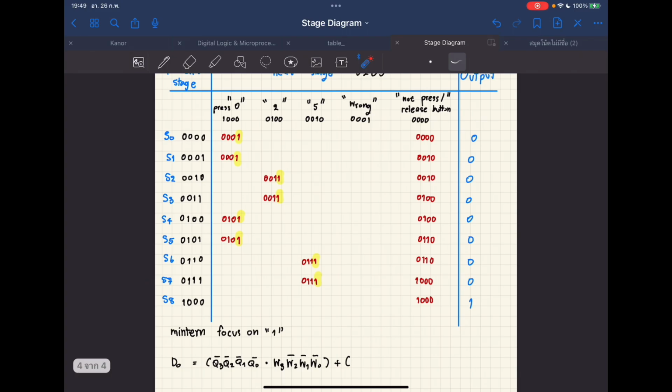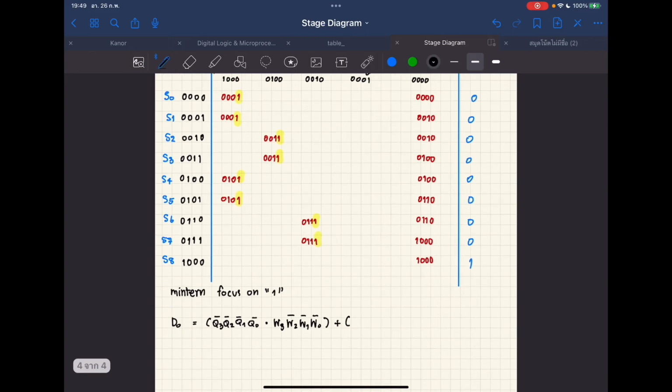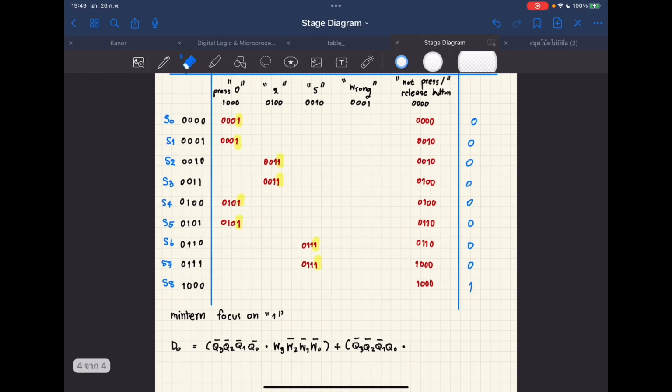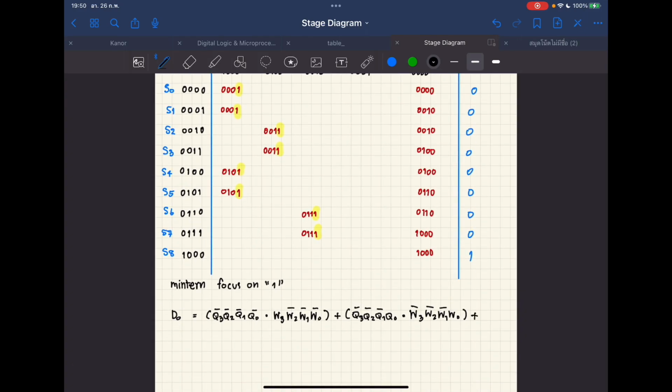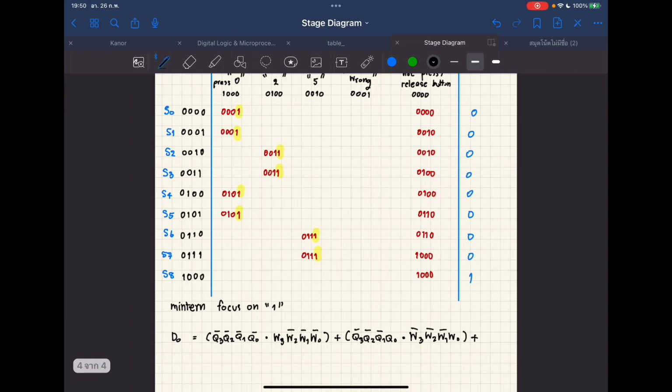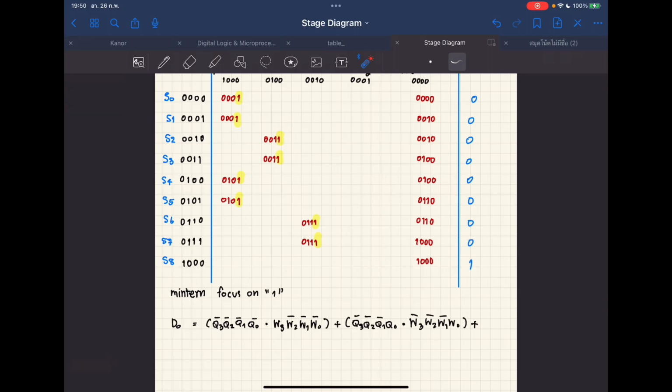We look at this stage and this. Then we look at stage 2.